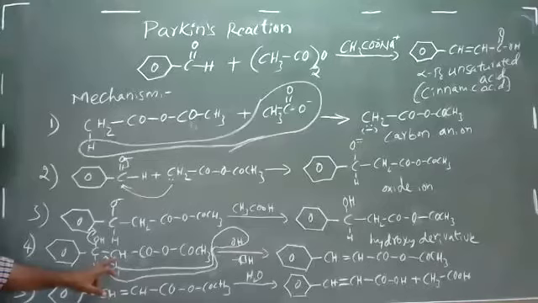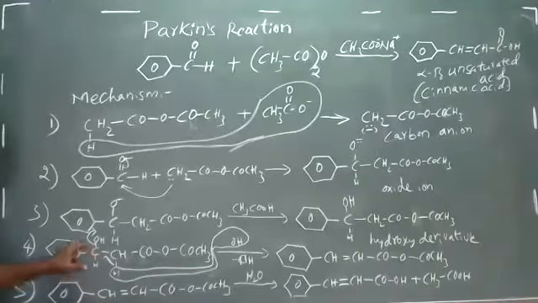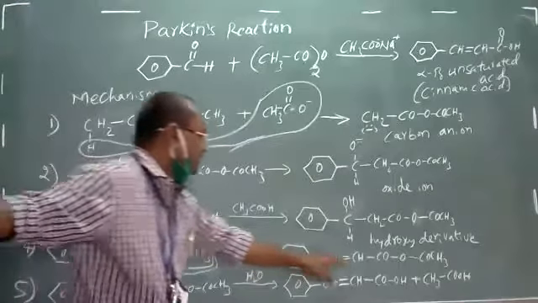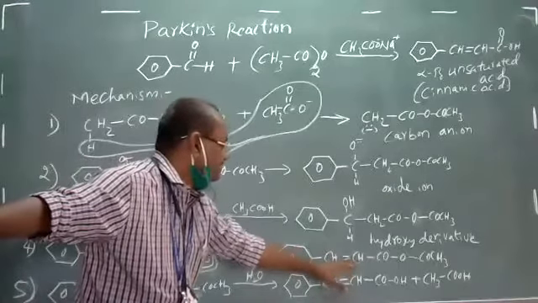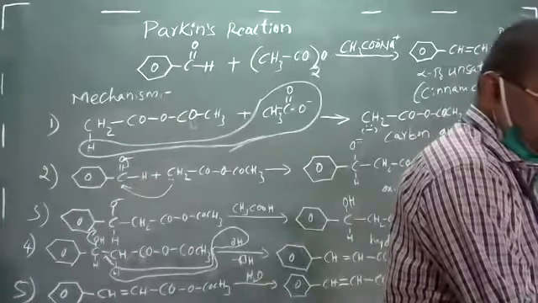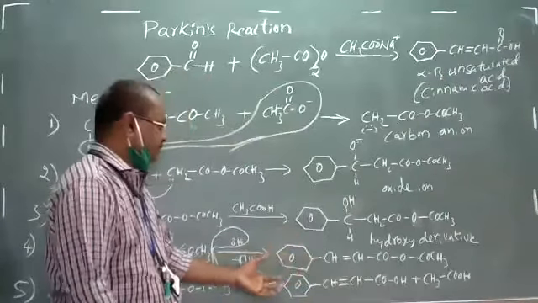When the alpha electrons try to form a double bond between alpha and beta, the beta carbon eliminates the hydroxy group. Ultimately, alpha beta unsaturation is formed, an alpha beta pi bond.